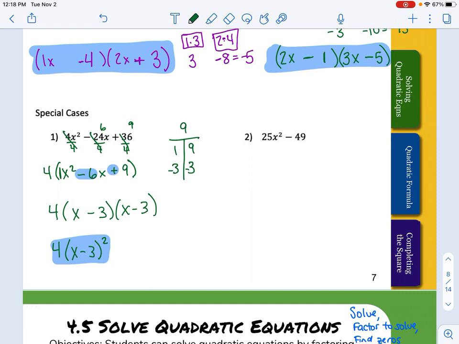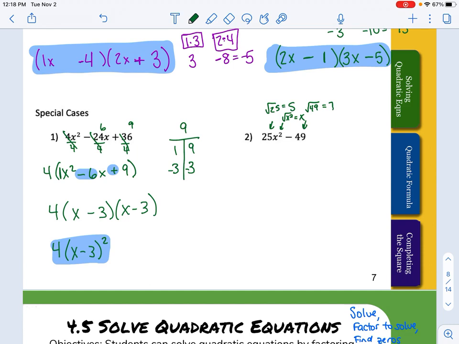Your other special case is actually called a difference of squares, where you have 2 perfect square numbers. They come out to whole numbers. And then x squared, you can also do the same thing. The square root of x squared is actually just x.